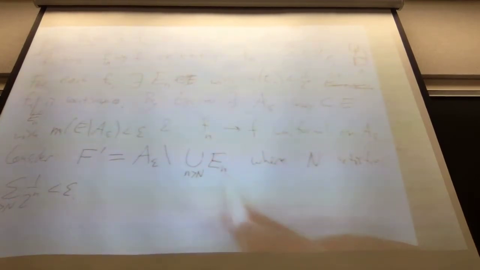Okay, so again, we're taking the set on which the fn's converge uniformly, and we're taking away the En's on which the fn's are not continuous. Okay? What's the set difference from F to En, A epsilon?